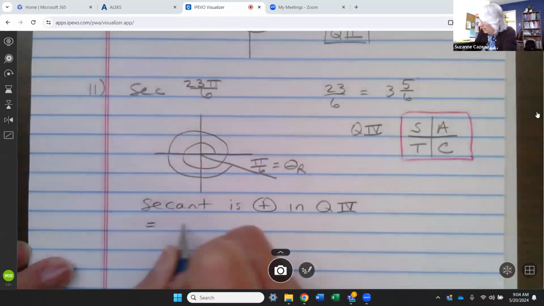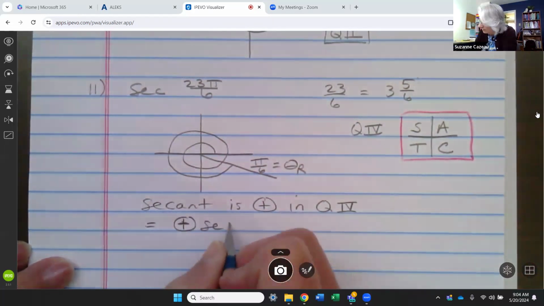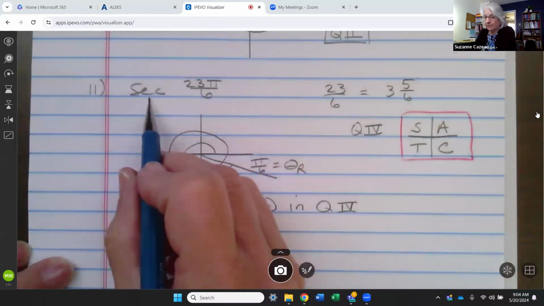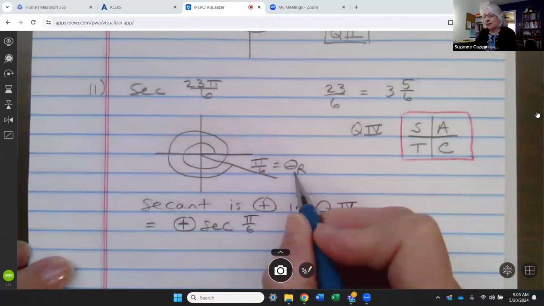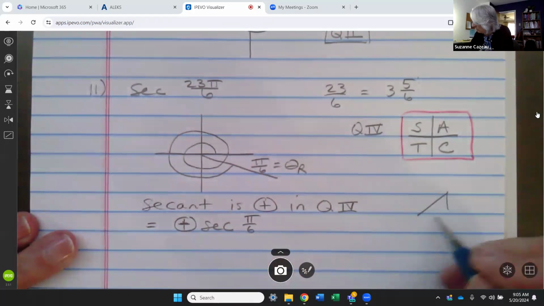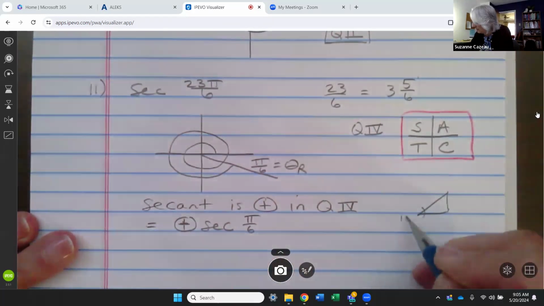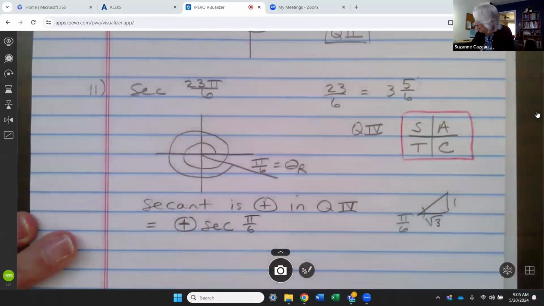So this is the same thing as a positive secant of pi over 6. Now, what is a positive secant of pi over 6? Well, I know that triangle. Pi over 6 looks like this, right? We've got 1 here, √3 here, 2 there, and what's a secant?